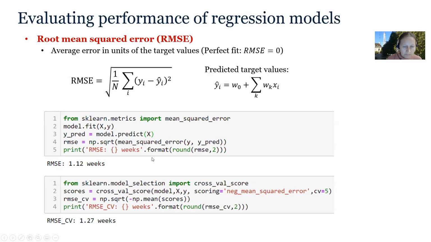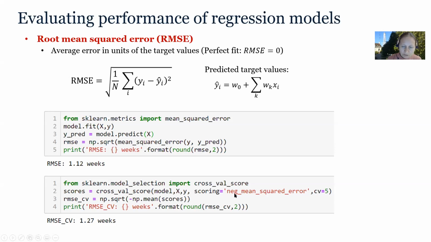So we can also calculate cross-validated root mean square error. And this is again using the function cross-val score. But we need to set the parameter scoring. And there is an option negative mean squared error for this parameter. And that's the one we will use.